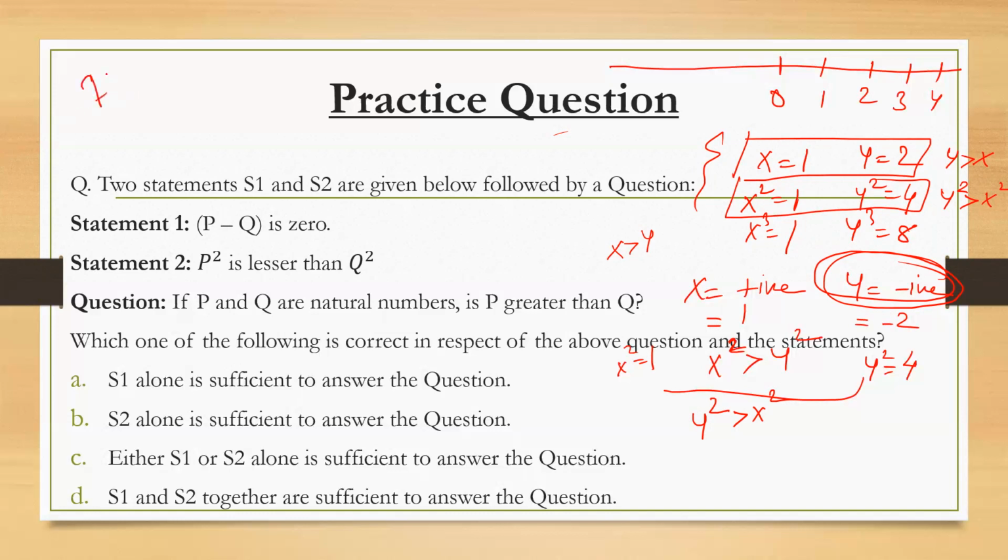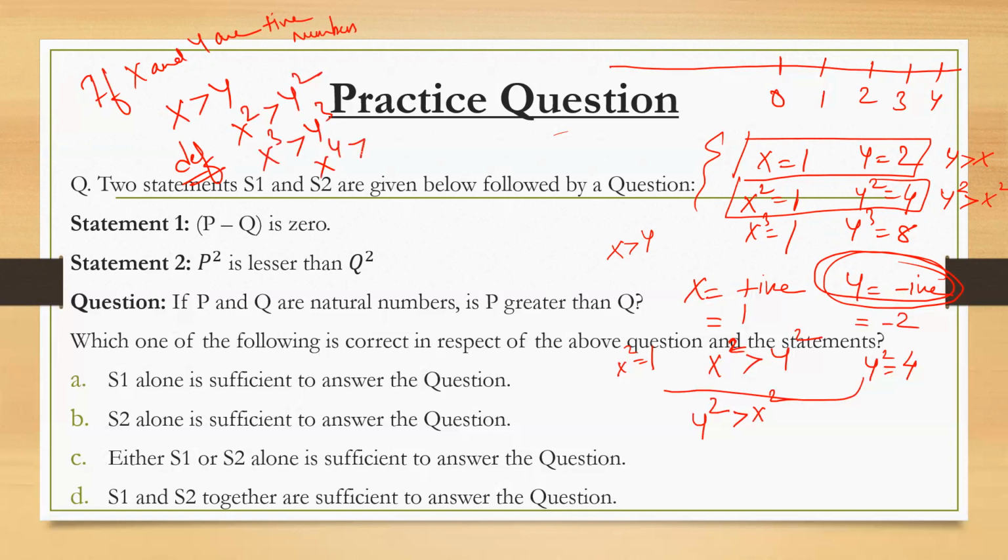That is, if x and y are positive numbers and x is greater than y, then definitely x square will be greater than y square, x cube will be greater than y cube, x to the power 4 will be greater than y to the power 4, like this. Okay, that is if they are positive numbers.